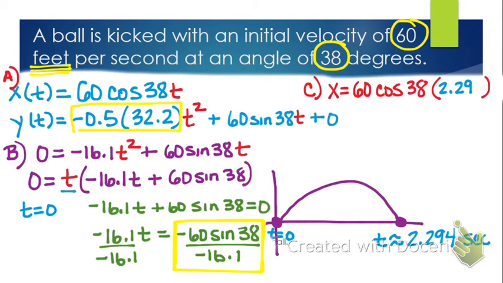So go ahead and type that in your calculator for part C. And you should get that the horizontal distance that the ball traveled is 108.8462 feet.